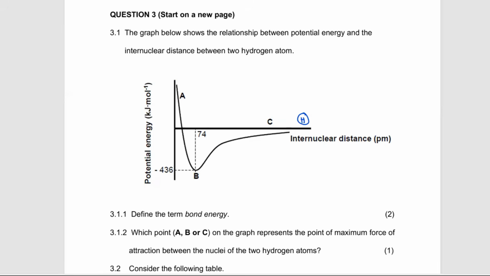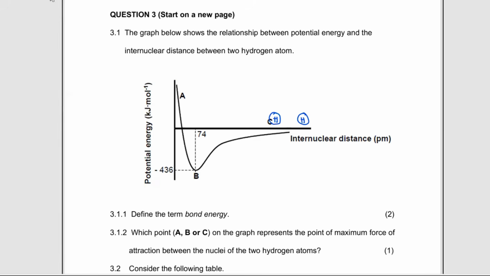Then at B, they approach each other. Then at A, they are too close for comfort. That's why A has an increase in potential energy, because these two are too close for comfort after B.